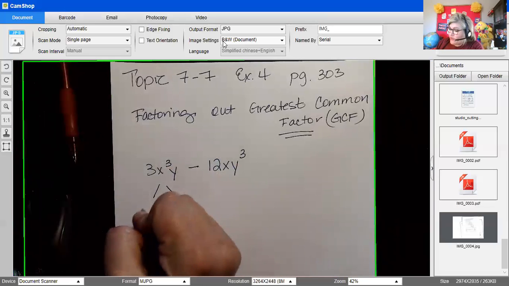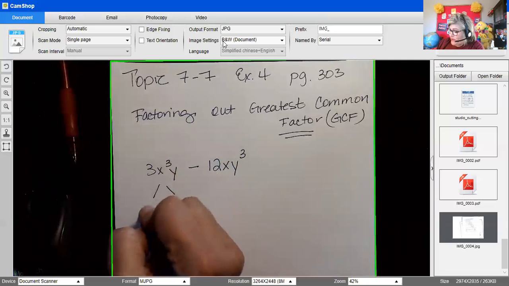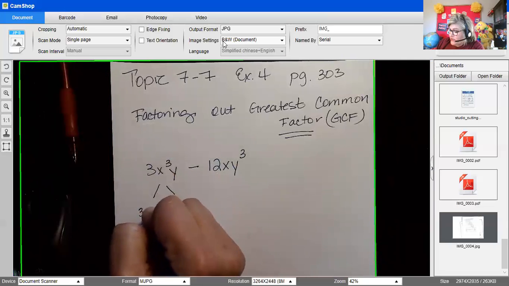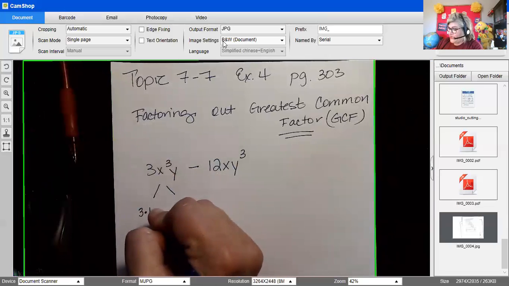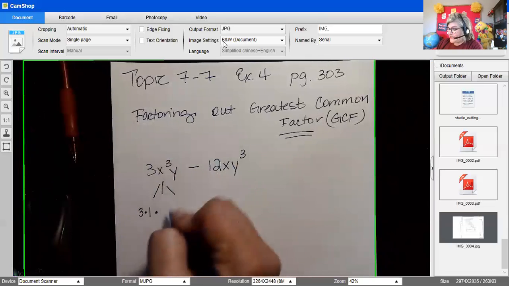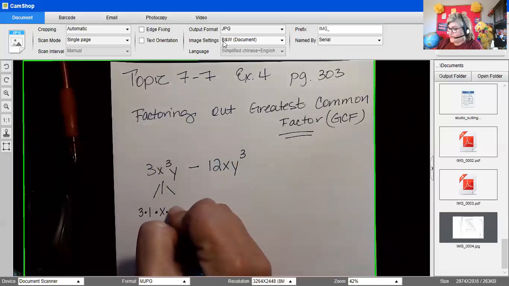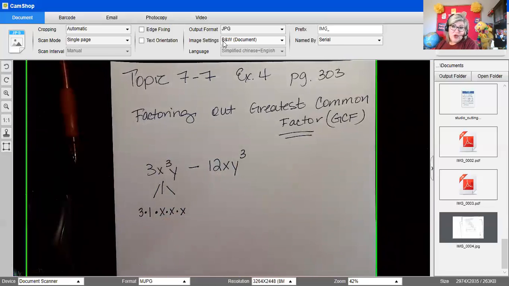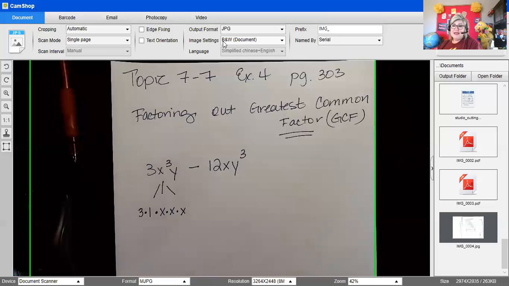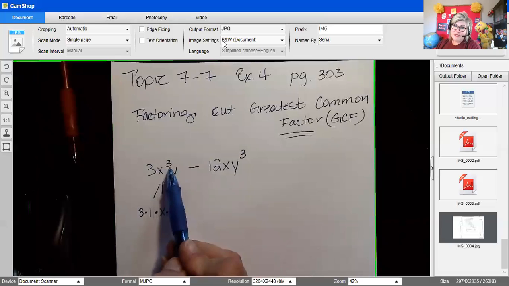So looking at 3, it's a prime number, and so 3 is equal to 3 times 1, cannot be factored anymore. And then let's break apart the x piece, x times x times x, because we know that x times x times x is simply x cubed.